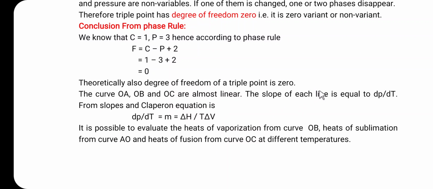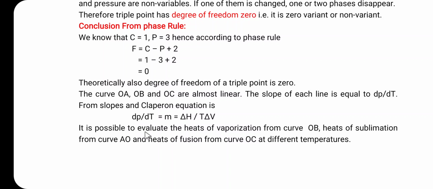The slope of each line is dP by dT, that is the change in pressure with respect to T. From the slope, the Clapeyron equation is dP by dT is equal to m is equal to delta H by T into delta V. Here delta H is the change in enthalpy, T is the temperature, and delta V is the change in volume.